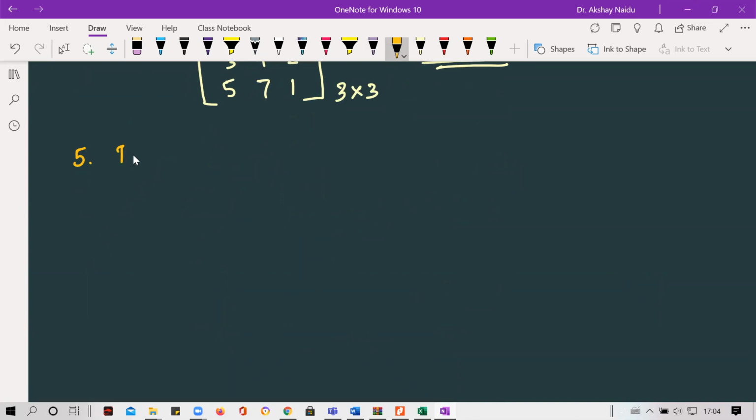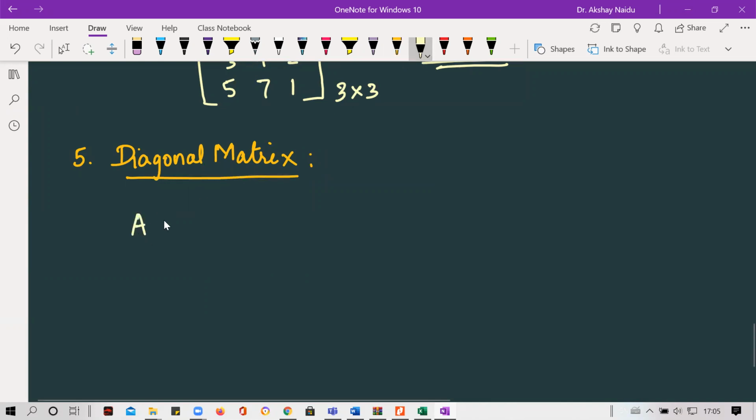Next, diagonal matrix. What is a diagonal matrix? Here the non-zero elements of the matrix lie on the diagonal. A diagonal matrix is a square matrix, by the way, n by n.